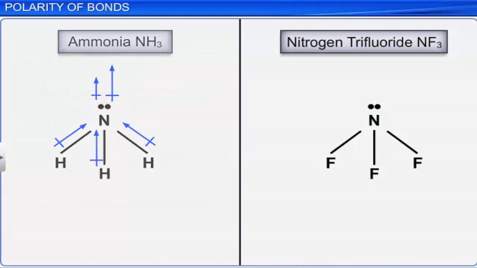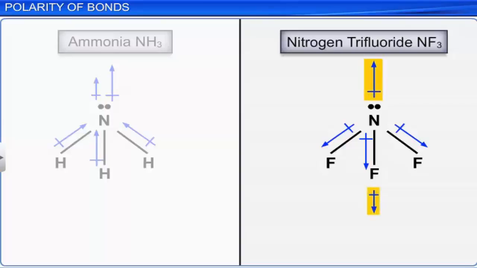The nitrogen trifluoride molecule has a lone pair of electrons on the nitrogen atom and 3 nitrogen-fluorine bonds. Since fluorine is more electronegative than nitrogen, the bond dipole is towards the fluorine. The resultant dipole moment is in the opposite direction of the orbital dipole due to the lone pair of electrons on the nitrogen atom.